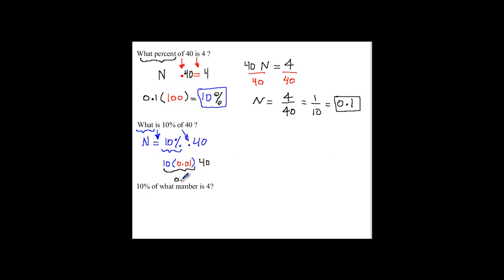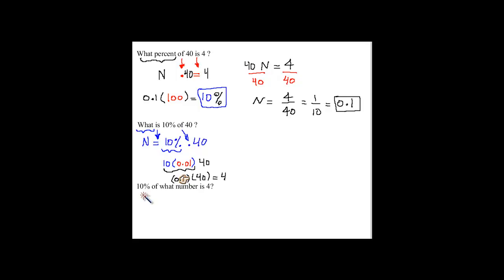What is 0.1 times 40, Richard? 0.1 times 40 would be 4. Right? So that's exactly what we had. 10% of 40 is 4. That's actually the other problem we just did earlier. That's exactly what we're supposed to get.